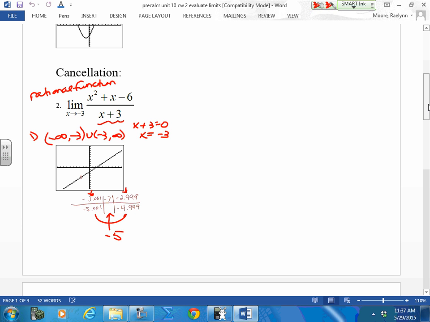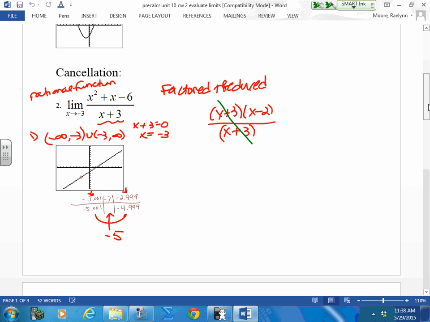-5. Now, what we did way back when we did rational functions, algebraically, we factored and reduced. So we're going to take this, we're going to factor the numerator. Then we can take out your common factor, and remember doing this?